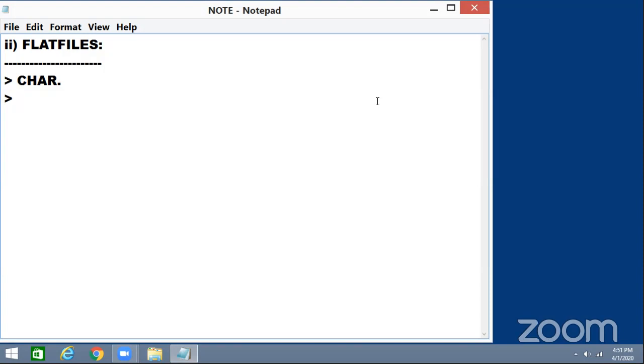Now here also we will see disadvantages. Here also we are getting so many problems when using flat files. One by one we can take them. The first problem is less security.